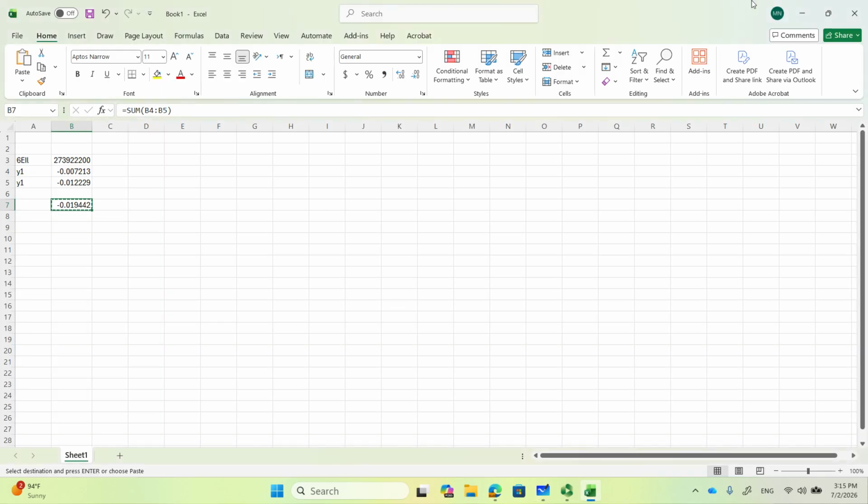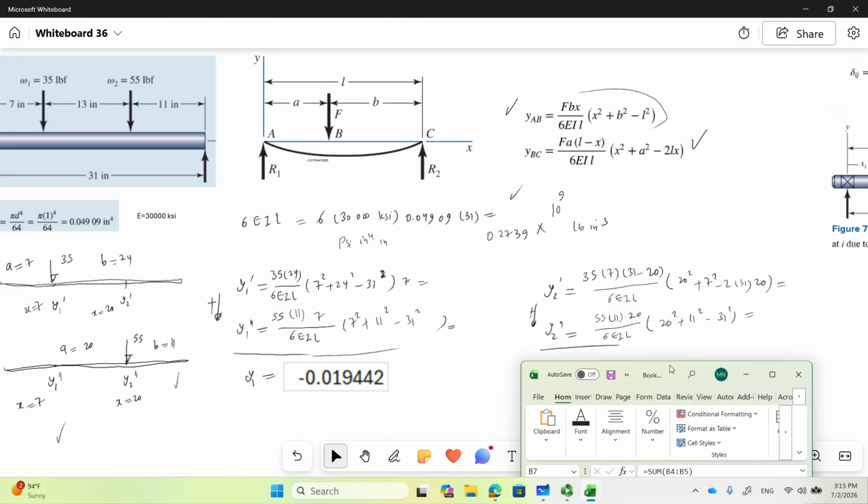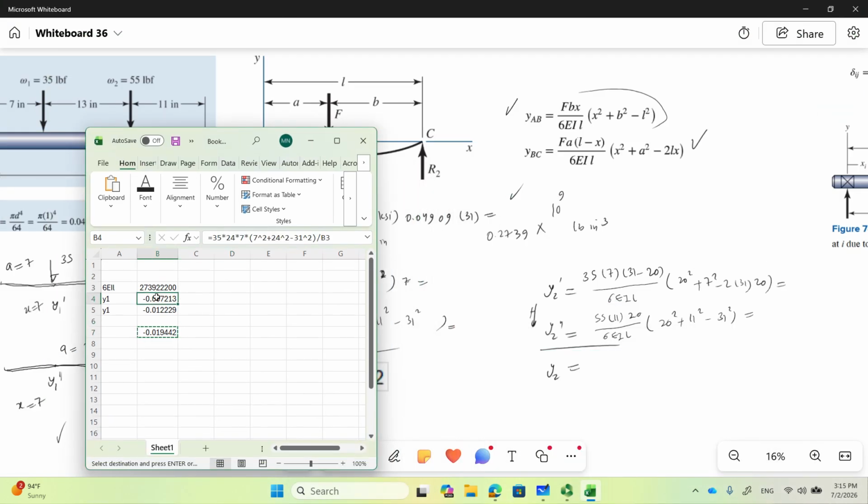Alright. So let's come here. First one. 35, then I gotta put 7, and then after that I should put 31 minus 20. Alright, and then you have inside, you have 20 squared, then I have 7 squared, then I have 2 times 31 times 20.